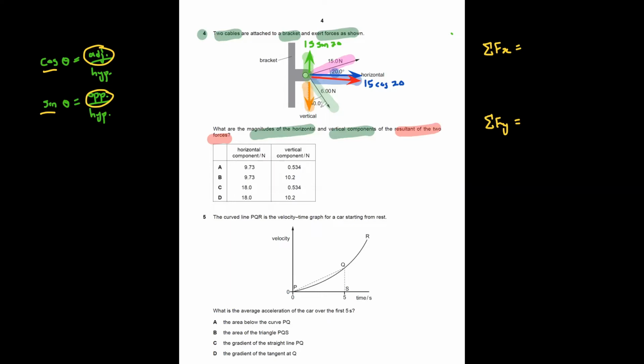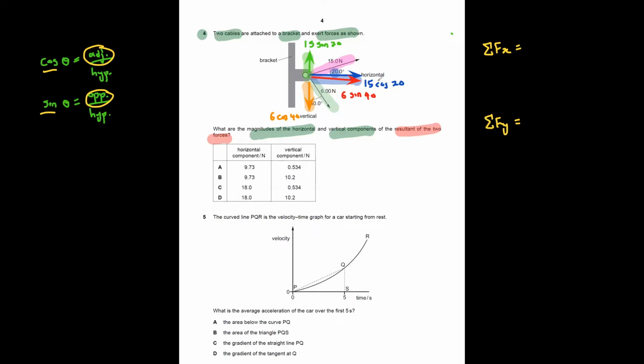The orange colored force here is adjacent to my 40-degree angle. So this one will be 6 cos 40. This one is 40, right? Yeah, it's 40. Okay. So that one is 6 cos 40. Then the other force, the horizontal component here, must therefore be 6 sine 40. Okay. So now you have all the forces.